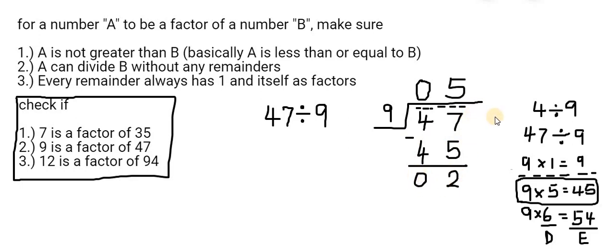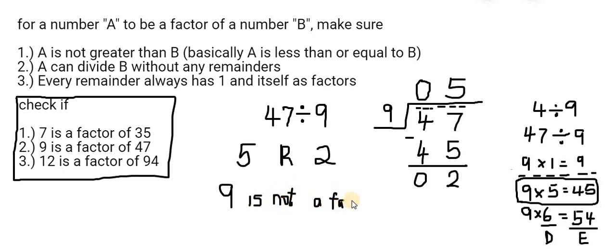Now, there are no other numbers, so that's where we stop. So 47 divided by 9 is 5, with a remainder of 2. So 9 is not a factor of 47.